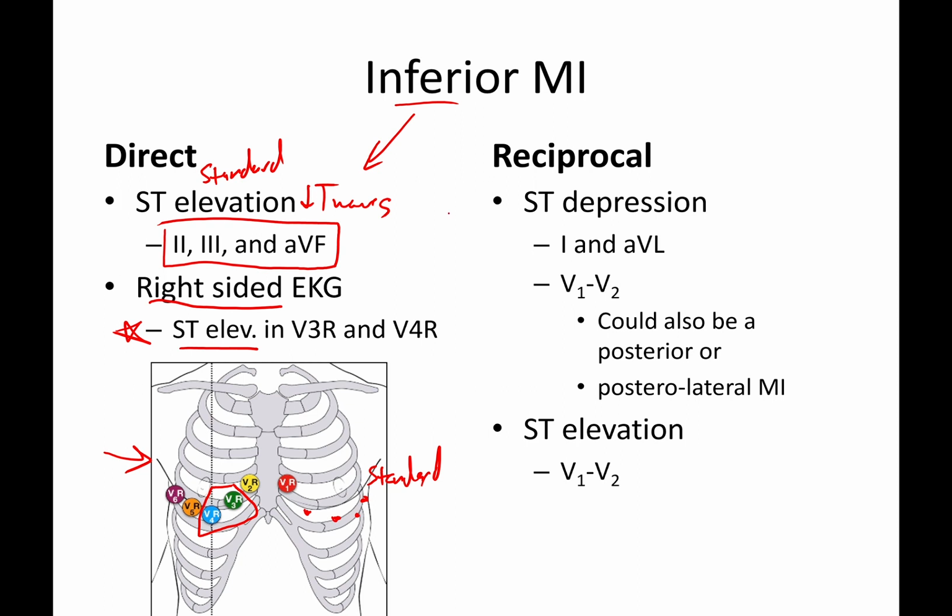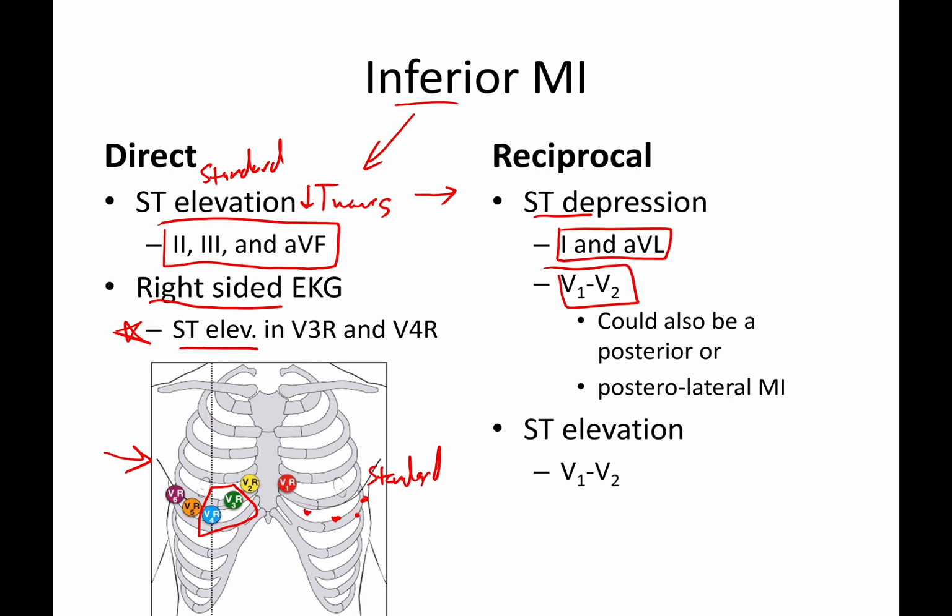Your reciprocal changes for a standard EKG will have ST depression in the most opposite leads you can find, and so that will be 1 and AVL, as discussed before. You may even see some of those changes in V1 and V2.